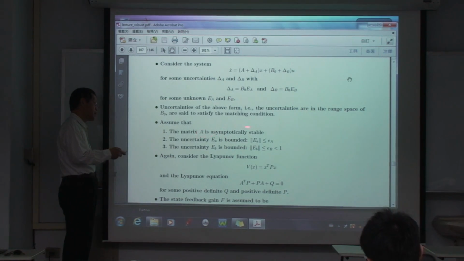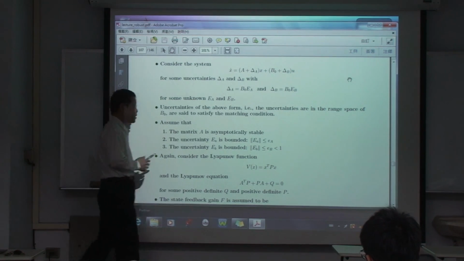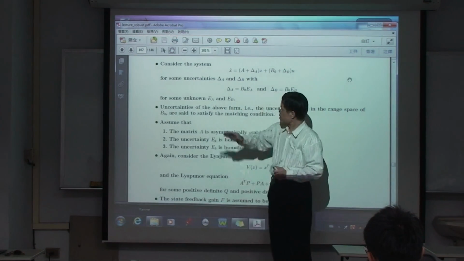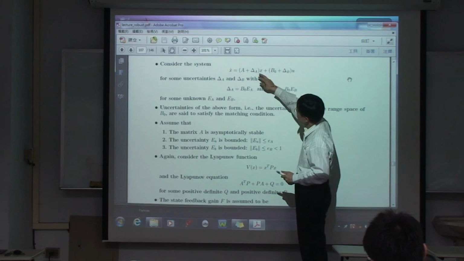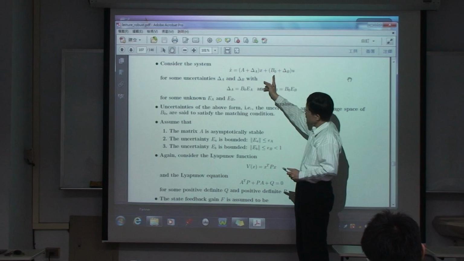So can I make this assumption? The answer is yes. Why is that? Because in your design, you can design this in two steps. The first step is assume that you don't care about the uncertainty first. And then all you care about is (A, B0) is controllable.